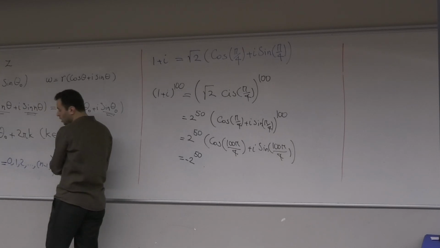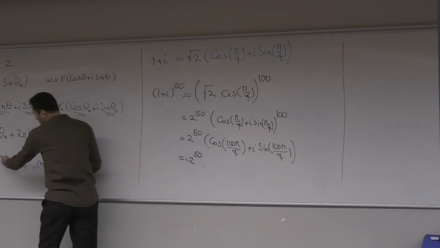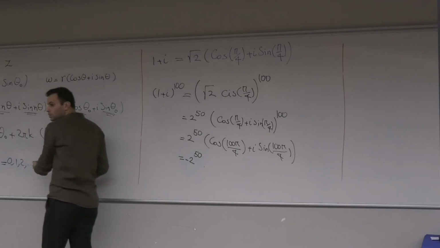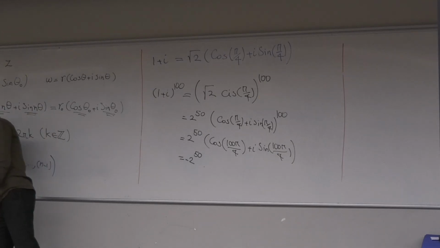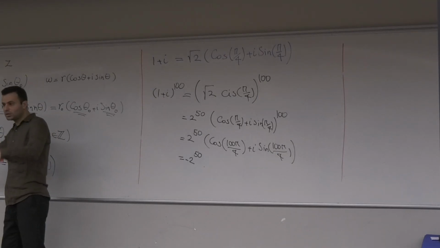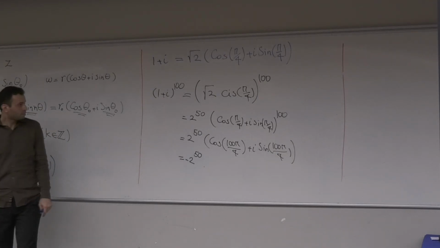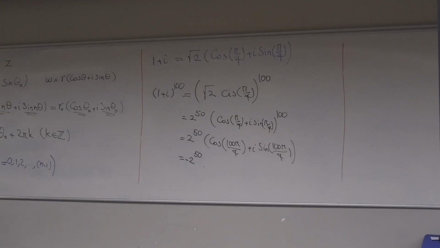If it is n plus 1, it is again the same as putting k equal to 1. So it is going to be the same thing. But for these values, we are going to get different distinct values. Okay? So remember this. This is very important. n distinct roots.